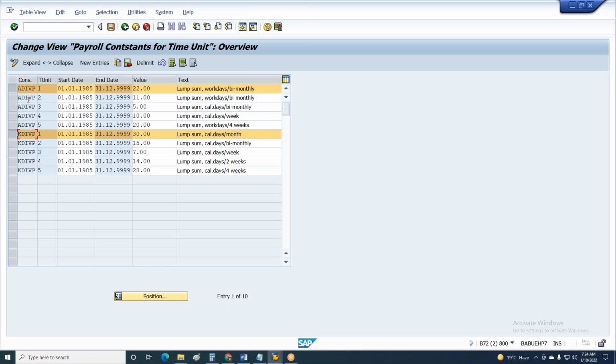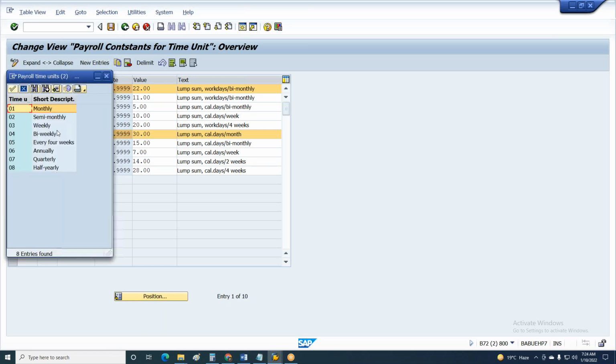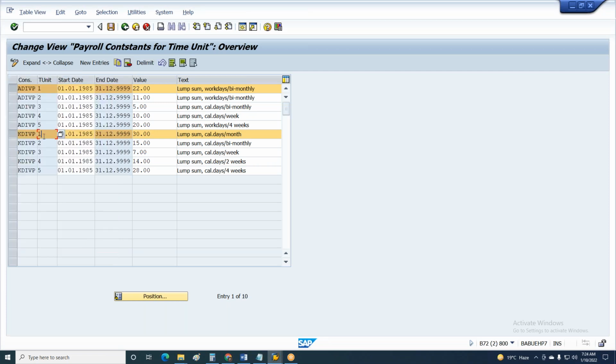DIVP is on an average basis, so this is a constant. It's a frequency. In case of monthly, 30, semi-monthly, weekly, bi-weekly.